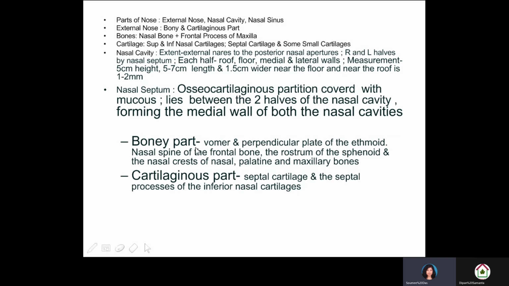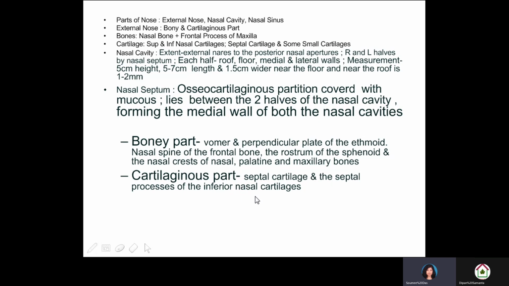Next is the cartilaginous part: the septal cartilage and the septal process of the inferior nasal cartilage. The cartilaginous part is known as the septal cartilage, the cartilage that makes the nasal septum, along with the septal process of the inferior nasal cartilages.